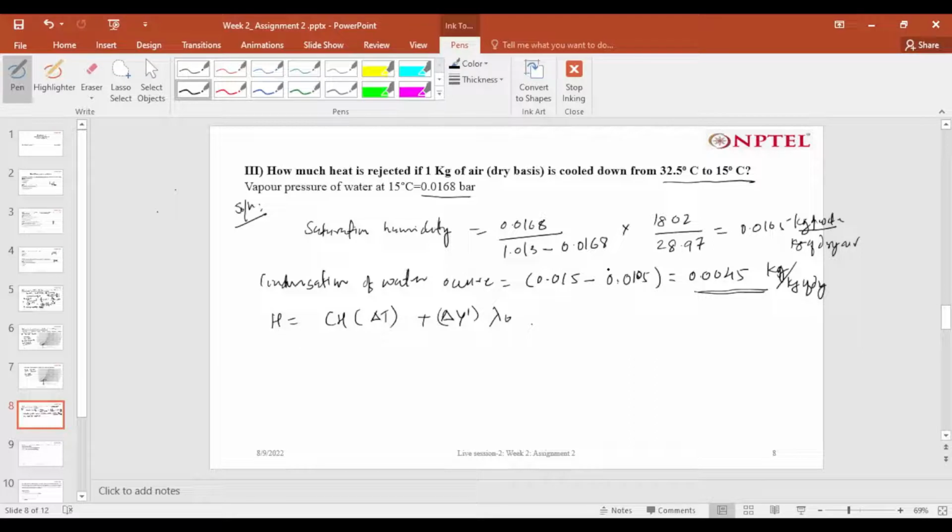Now the pressure is doubled. Initially P is given as 1 atm, but here P is equal to 2 atm. So we have to calculate the relative humidity and dew point. To calculate the relative humidity, we have to know the partial pressure of water. To calculate the partial pressure, use this.